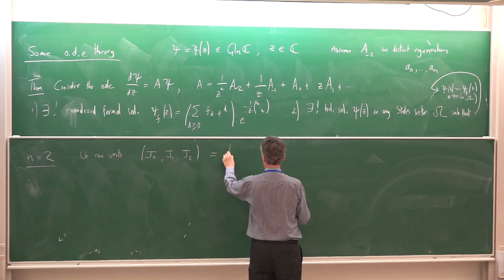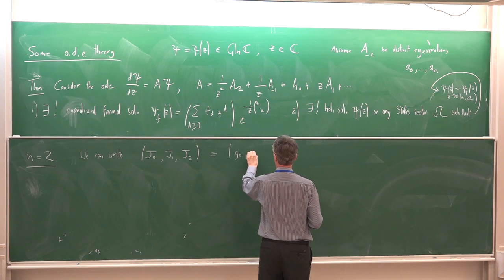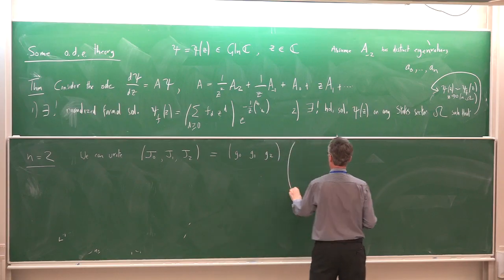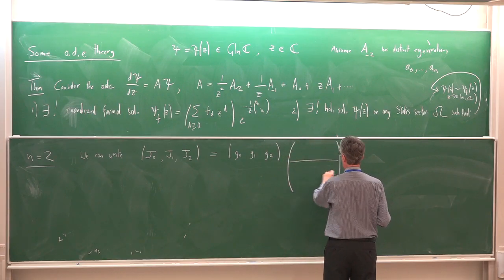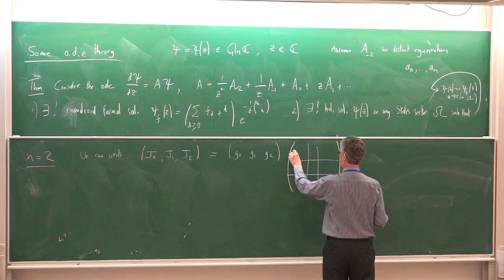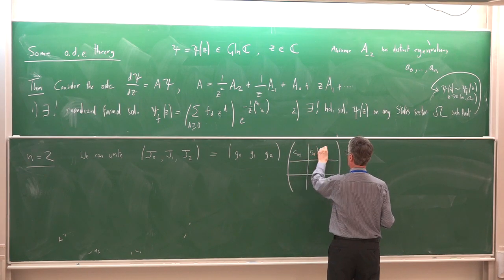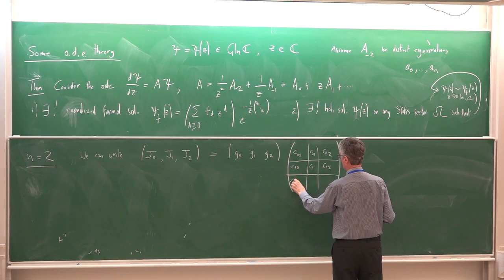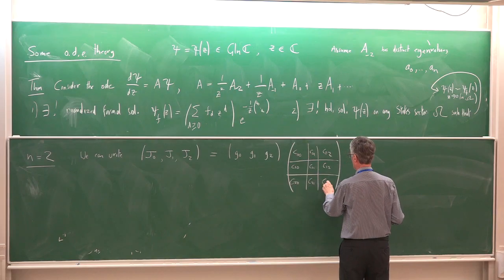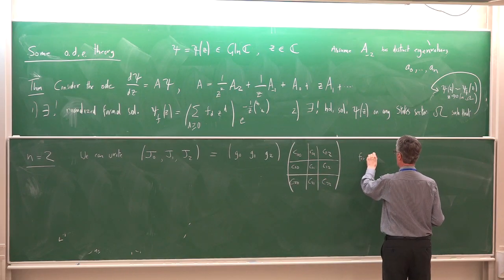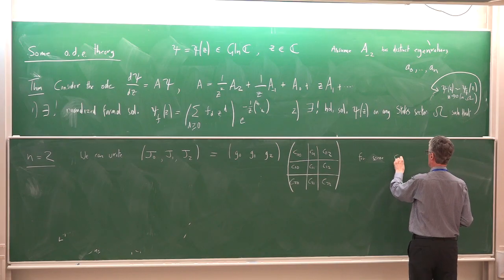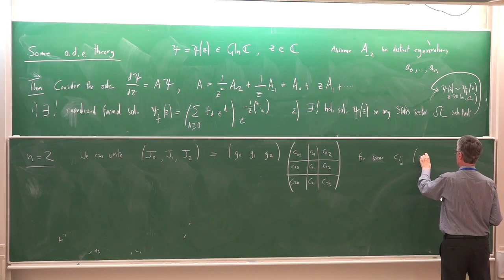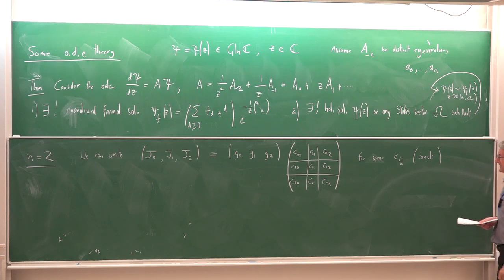So in matrix form, I could write it like this. And this matrix I will call in the traditional way C00, C01, and so on, for some constants C_ij. Right, because they are both bases of solutions of the same equation.